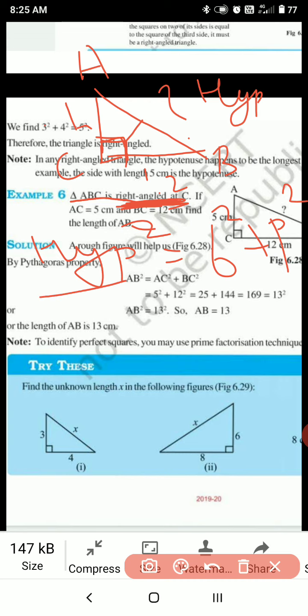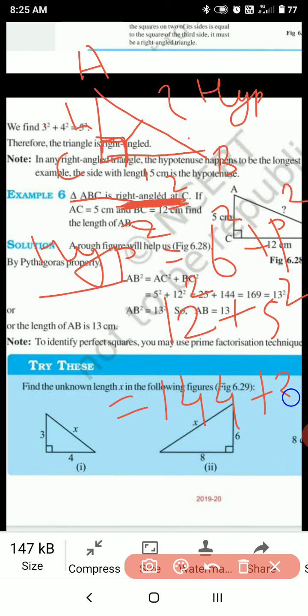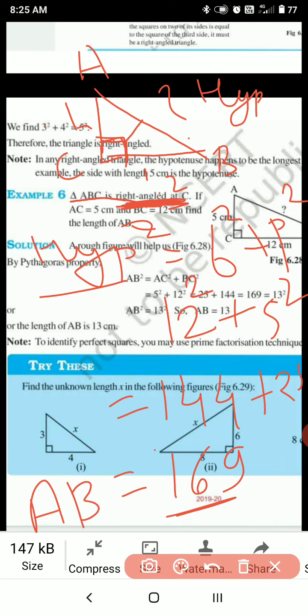Hypotenuse we have to find, base is your 12 squared and perpendicular is 5 squared. 12 squared is 144, 5 squared is 25. So 144 plus 25 is 169. Here we got AB square because your hypotenuse is AB. AB square is equal to 12 square plus 5 square, so AB square is equal to 169.